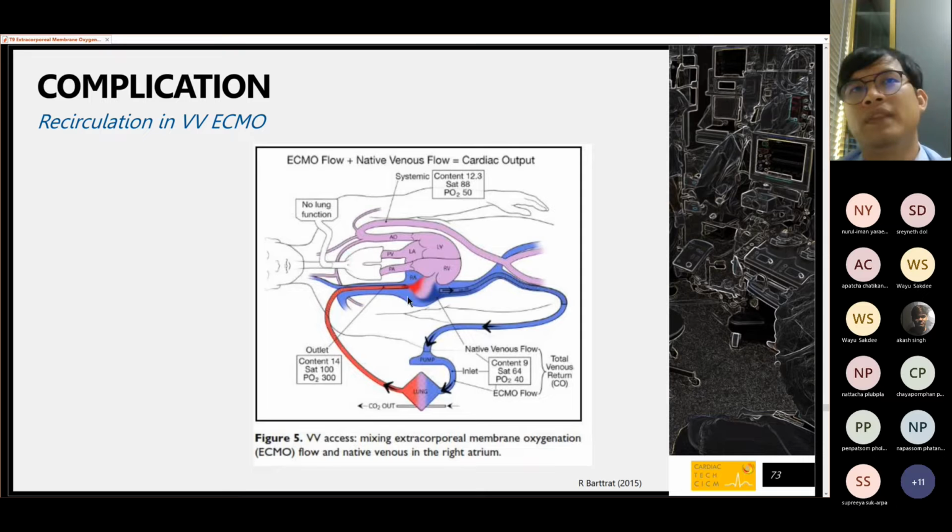However, be careful about the tip of both cannulas. We call this condition recirculation on the ECMO.